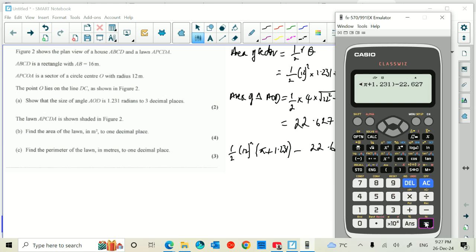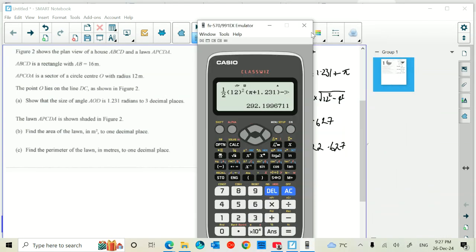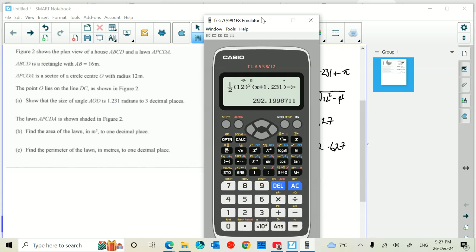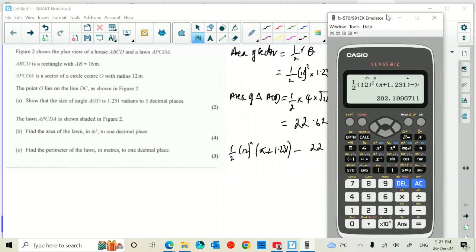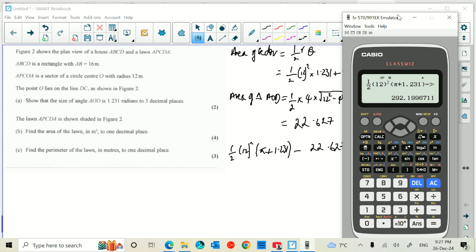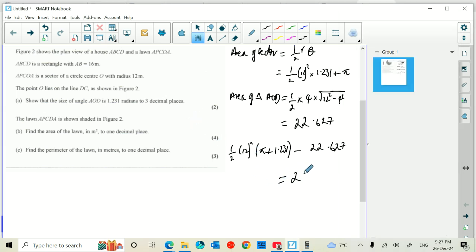Let's do it all in one go. It gives me the area of the shaded region as 292.2 meters squared.